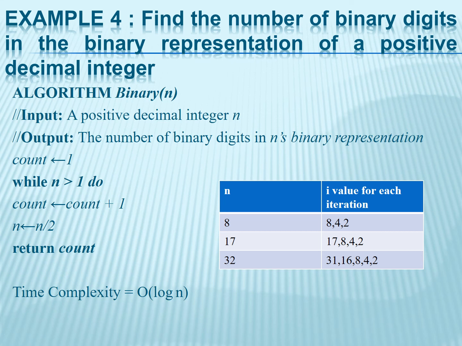Hence, for a range of n values, the number of iterations of the while loop remains the same. For example, for the value of n ranging from 8 to 15, the number of iterations of the while loop is 3. Hence, the number of binary digits used to represent the decimal values from 8 to 15 is 4.